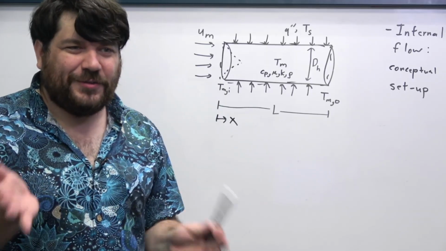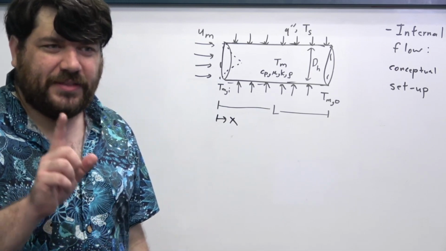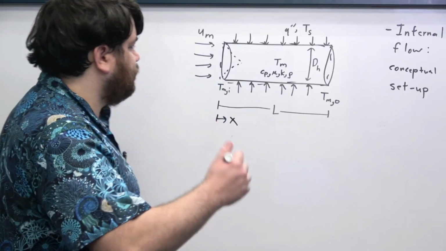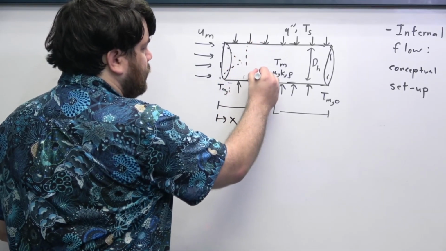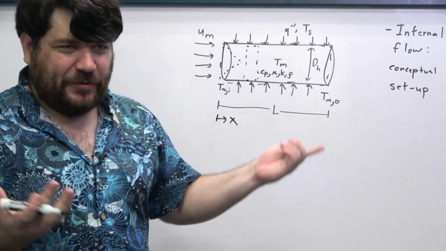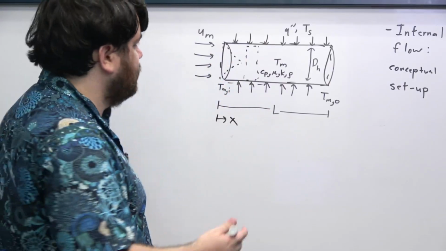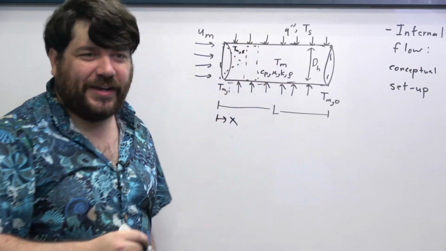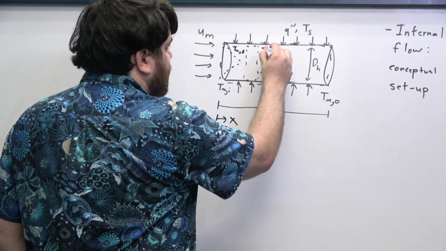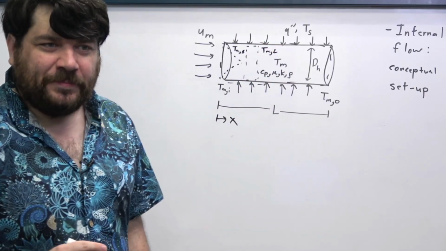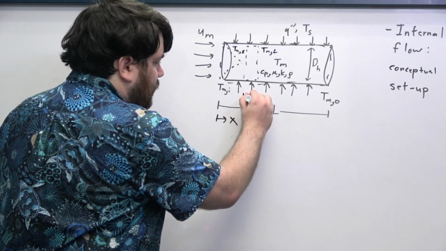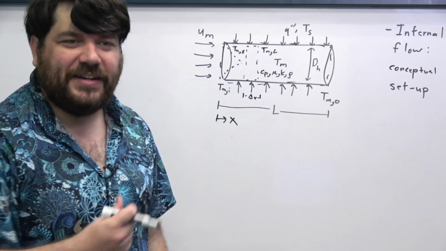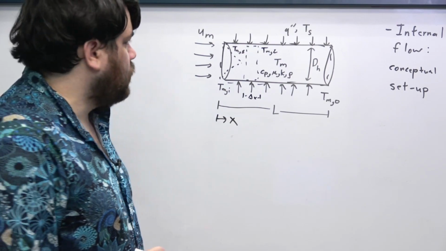Well, let's do just like we did before, an energy balance, but this time we're not going to do it over the whole pipe system. We are going to do it over a little sliver right here. It doesn't actually matter where exactly we do it. The whole point is that we have a Tm1 on one side, and a Tm2 on the other, and this thing has some thickness delta x, okay?